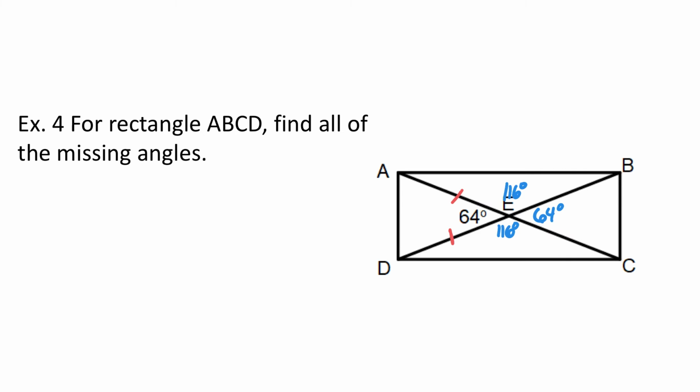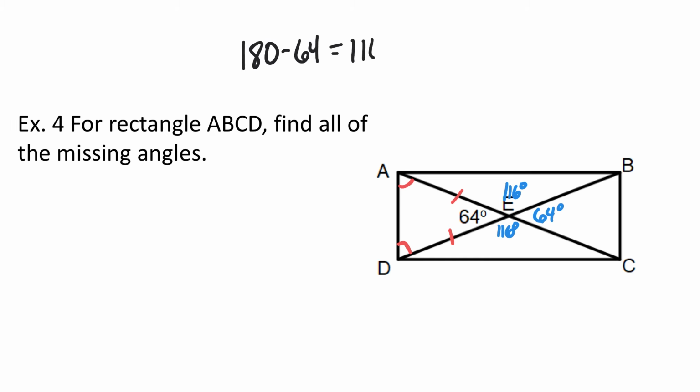So what we have, if we look at it, is an isosceles triangle right there. We know that since those two sides are equal, these two angles are equal. So we're going to take 180 degrees, which is the sum of interior angles of the triangle, and subtract the 64 degrees that we know, which is 116.